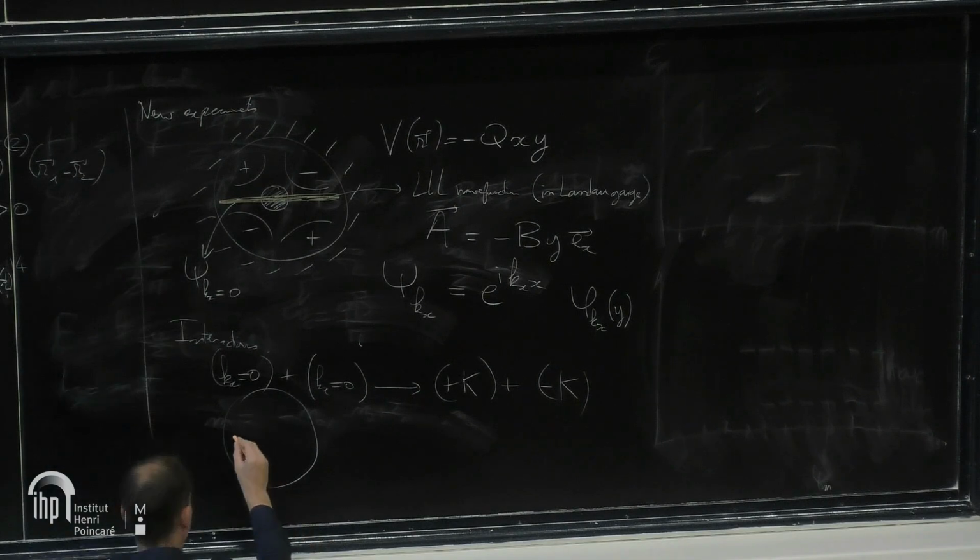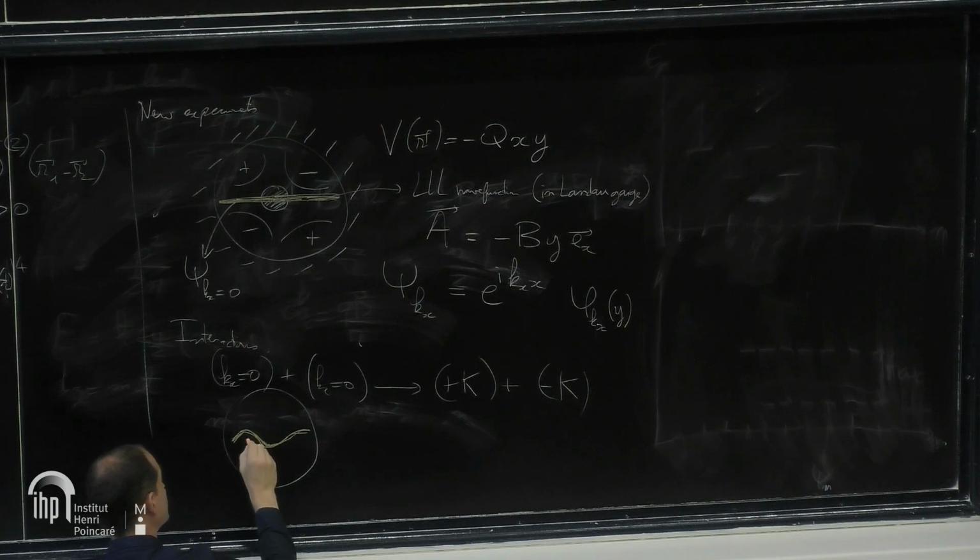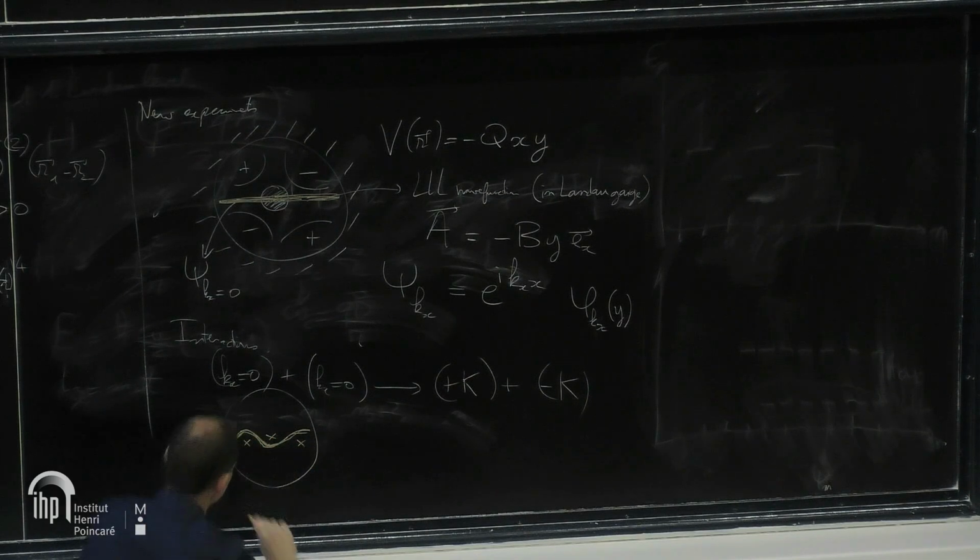So the sketch is like this. Maybe I exaggerate a bit the wiggling, but okay. And actually, there are quantized vortices that govern this wiggling. They could observe the appearance of those vortices.